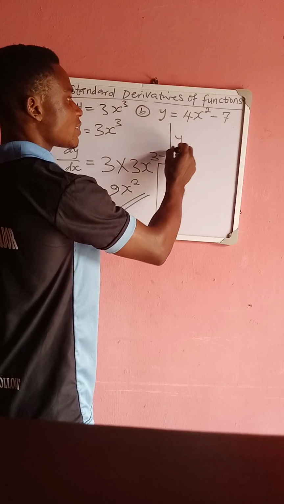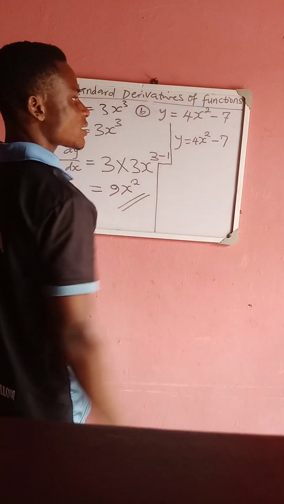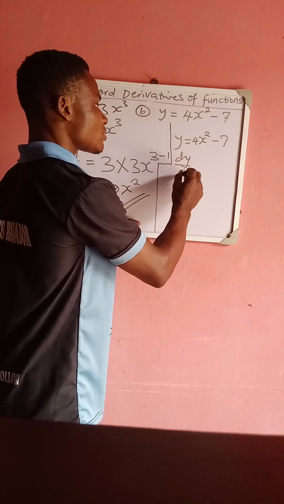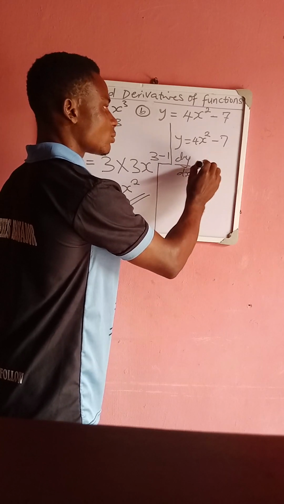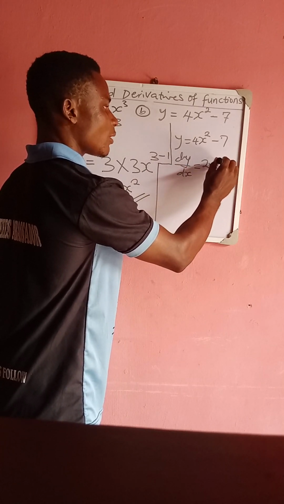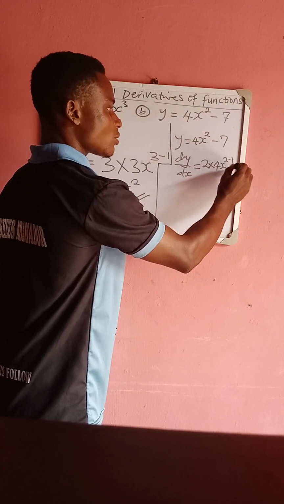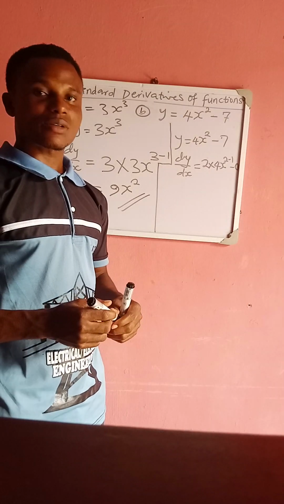The second one says y is equal to 4x raised to the power of 2 minus 7. Then dy/dx of this function will give us 2 multiplied by 4, x raised to the power of 2 minus 1, then minus 0, where our constant is always equal to 0.